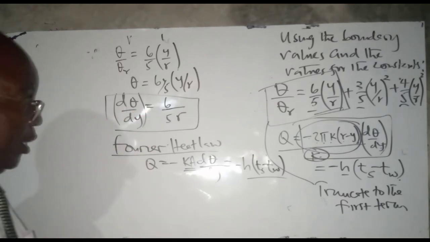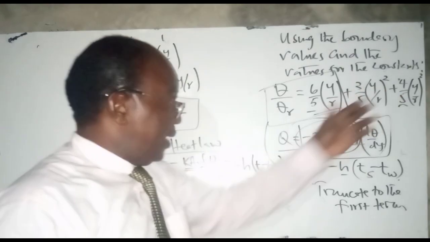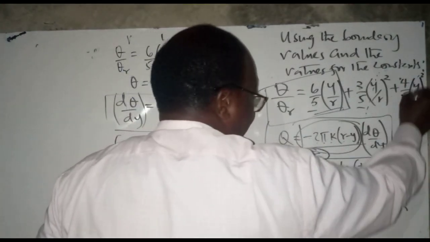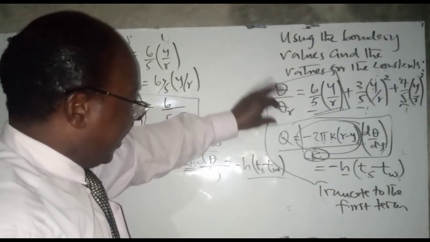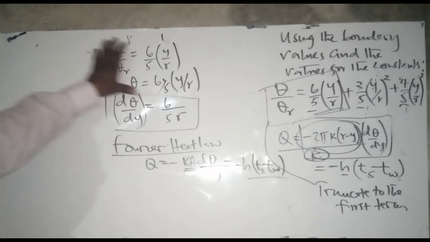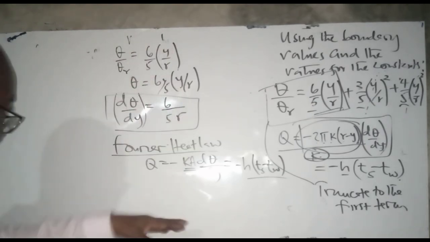We just work with the parabolic equation. I've said we have truncated it to the first term. In other words, we have ignored the higher terms. So we just left it as this ratio, theta over theta r is 6 over 5 y over r. And we have just taken that particular derivative with respect to y, so it's just 6 over 5 r.